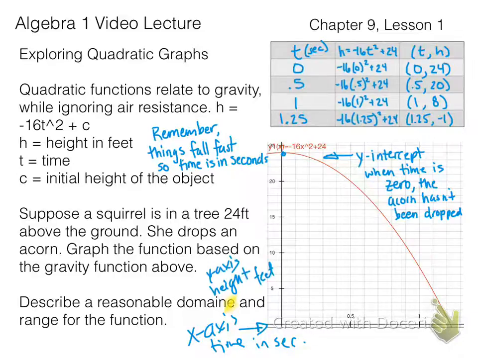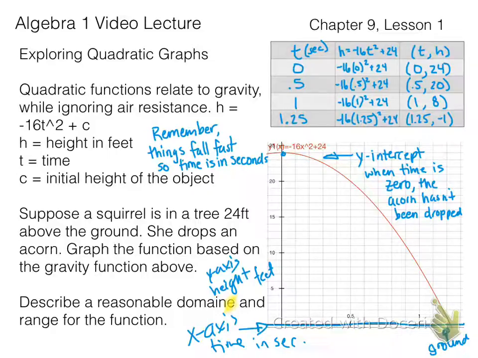All right, so at 0 time, the acorn is 24 feet above the ground. And by the way, since height is the y-axis, when y is 0, that's the ground. All right, and most things don't fall through the ground. They're not massive enough to do so. This acorn definitely isn't going to do it. It's going to basically just hit the ground.